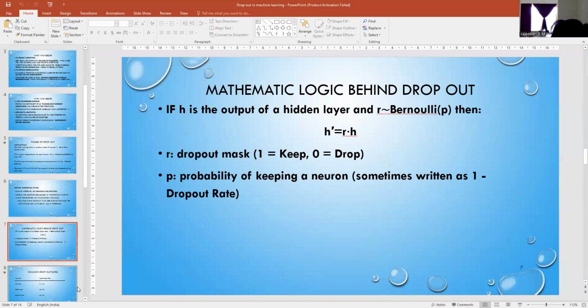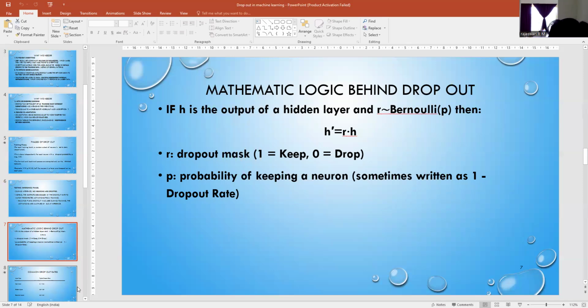So the output for each neuron during training is output_i = x_i times mask_i, where mask_i is Bernoulli of p. Remember, the Bernoulli function plays a vital role in determining the deactivation of the neuron in the dropout mechanism. During testing, the neurons are all active, but their activations are scaled by the dropout rate.